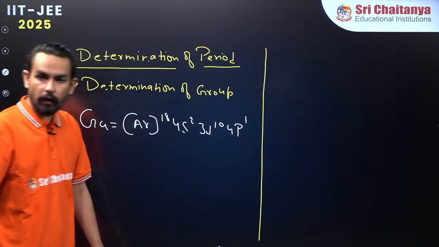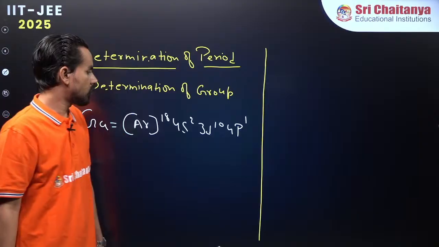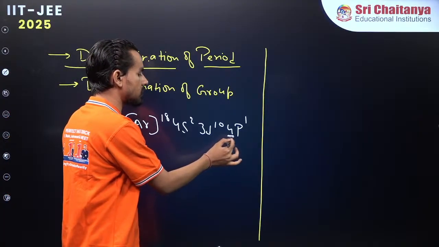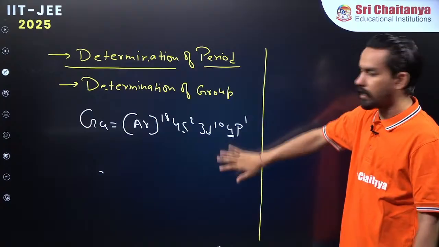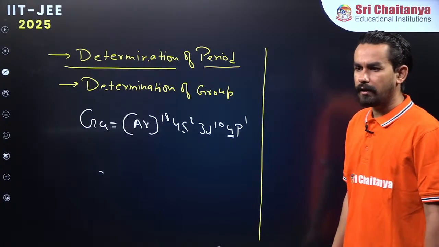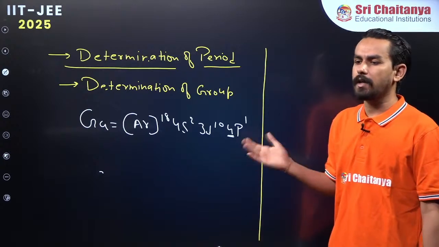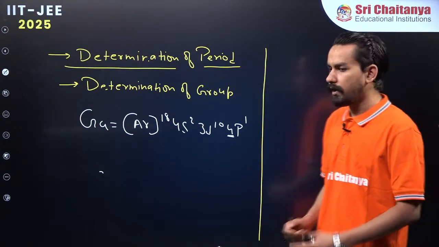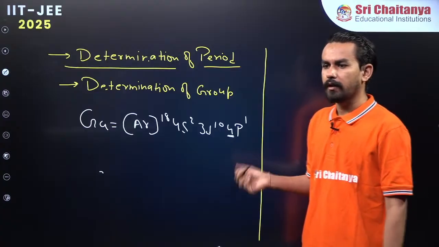Now tell me, what is the highest shell that is filled? Shell means principal quantum number. Which highest shell is filled? The highest shell is fourth.